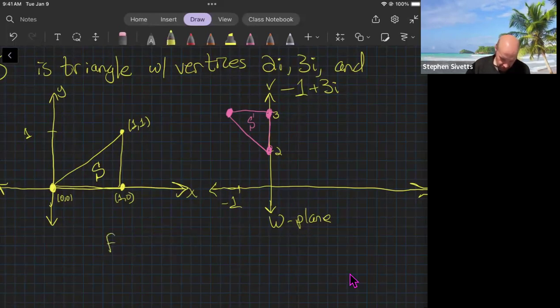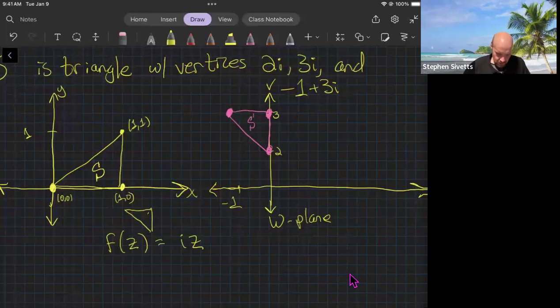So essentially, if we rotate 90 degrees, we can get a triangle that looks like this.